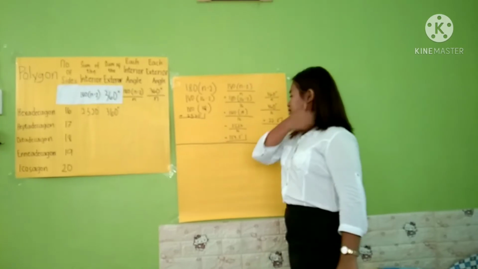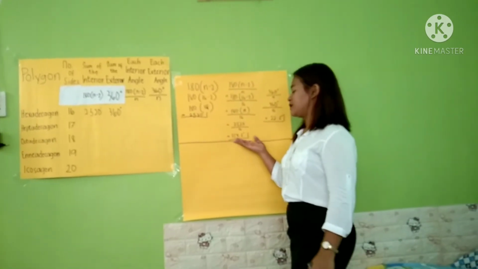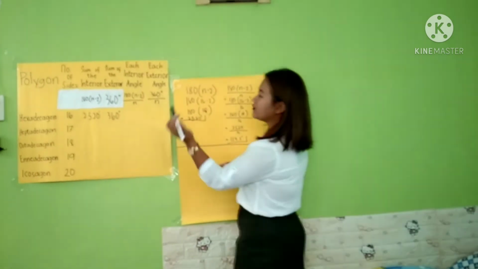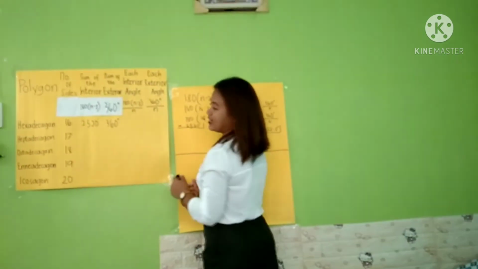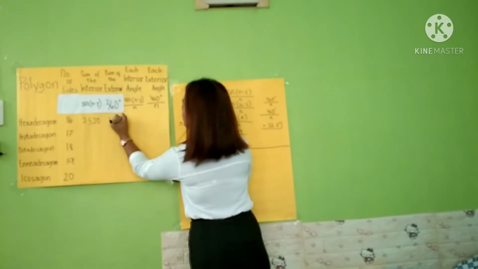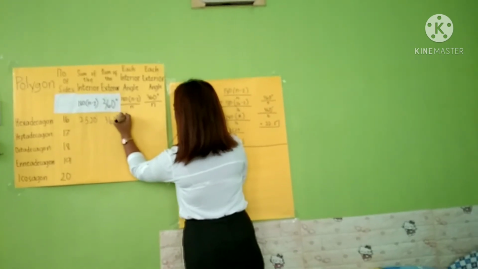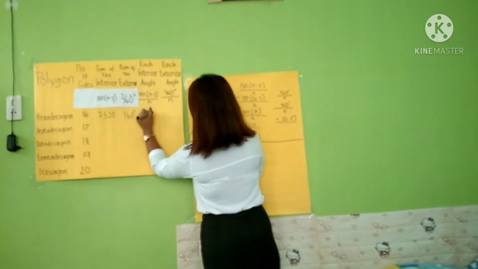The answer is 157.5, and we write it beside the hexagon.